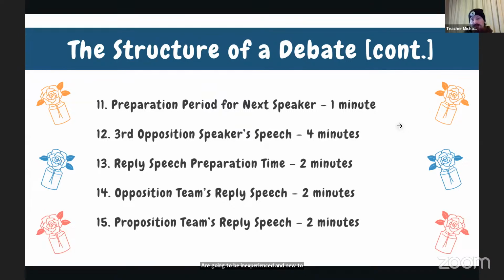So we might go as much as 1 minute 30 to 2 minutes for these preparation periods. But in a normal debating tournament, if you get these preparation periods, they're usually quite strict with their time limit enforcement.